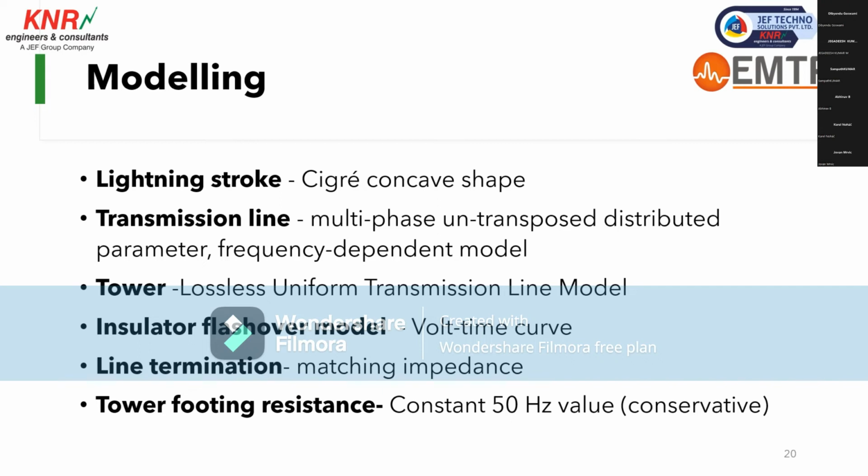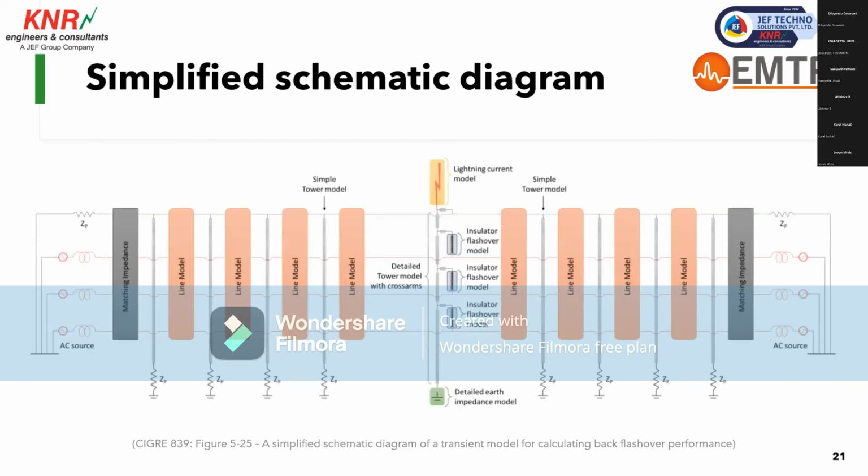So we have validated with the flash, and the line termination is with the matching impedance to avoid unnecessary reflections at the end. For our footing resistance, we use the 50 Hz value instead of the impulse value because it gives a conservative result. So this is the modeling of the network.